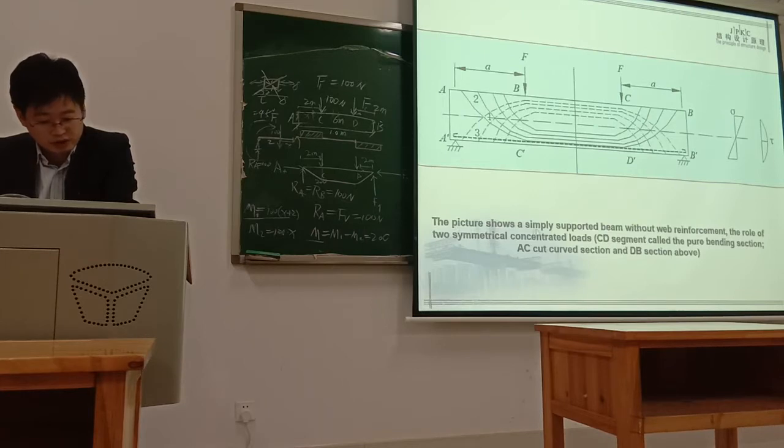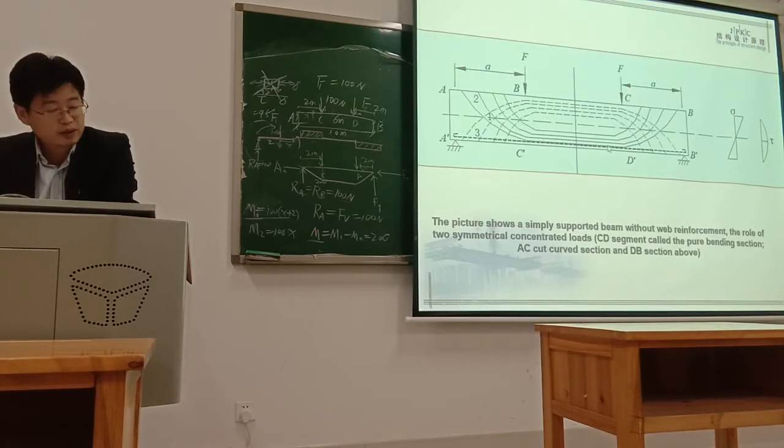This picture shows the simply supported beam without web reinforcement. The two symmetrical concentrated loads induce this. In CD section, you see it's only moment. There is no shear force. Because there is no shear force, you see the stress is all perpendicular to your section.